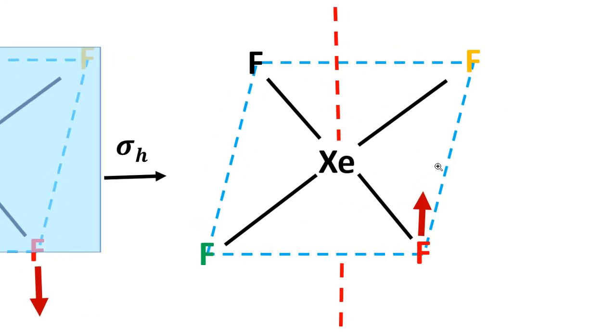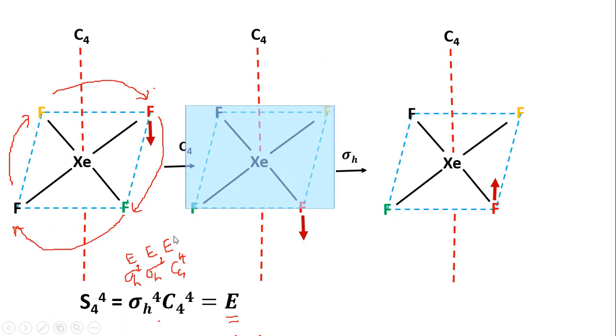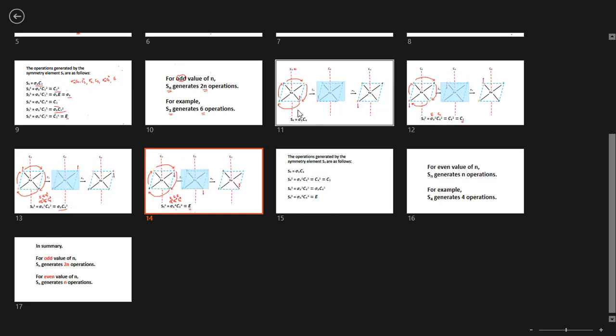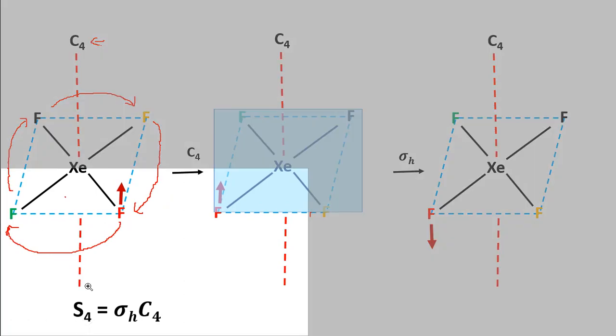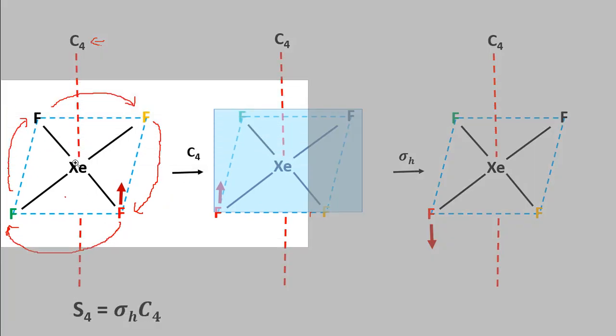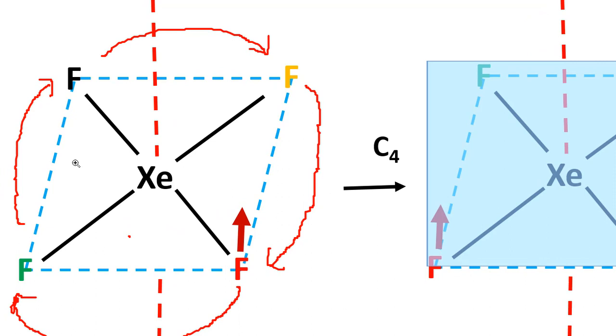If you look at this structure after S4 power 4, that is 4 operations under S4, and if you compare this with the structure at the beginning, this structure, both are identical.